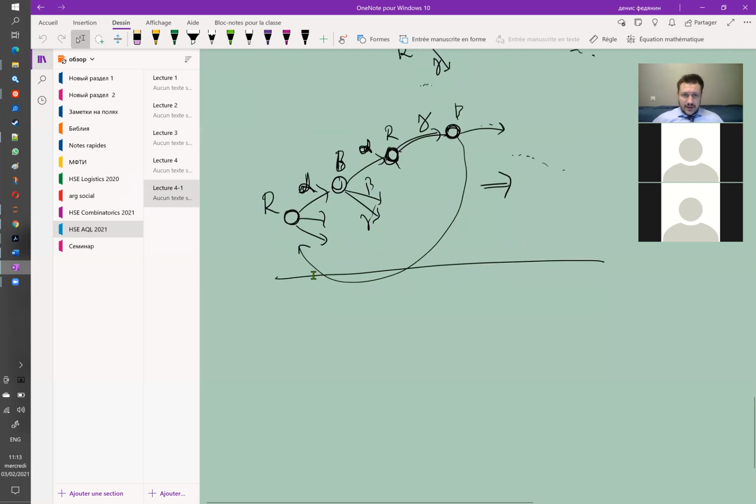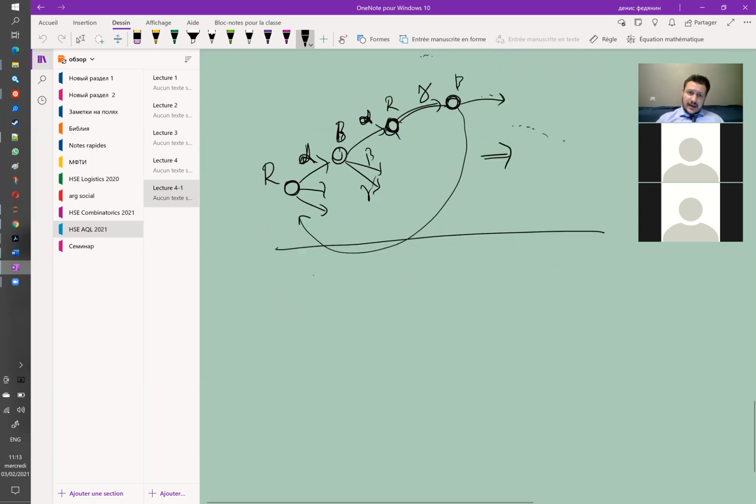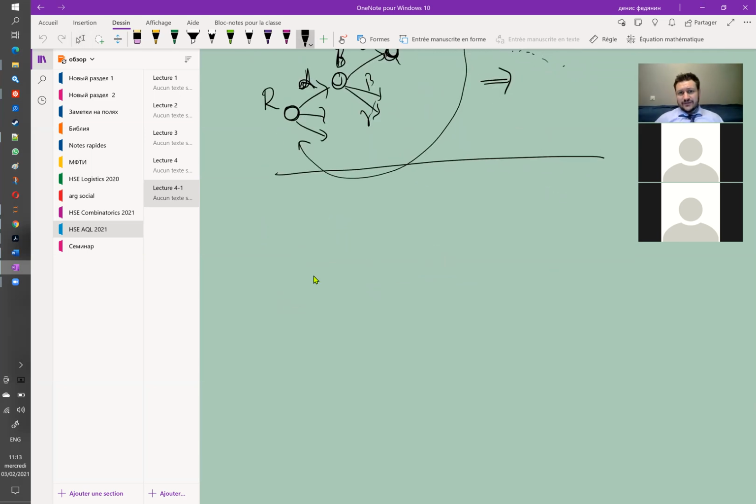Okay, now I would like to show how we can get from an extensive form game to a normal form game. There is a special type of extensive game, repetitive, that can last infinitely long.